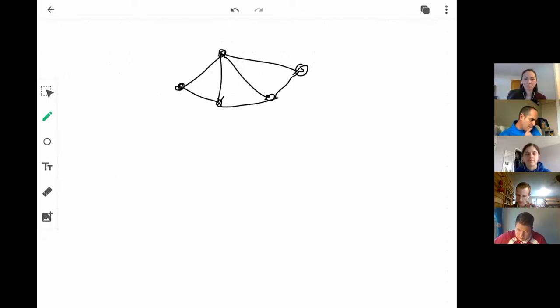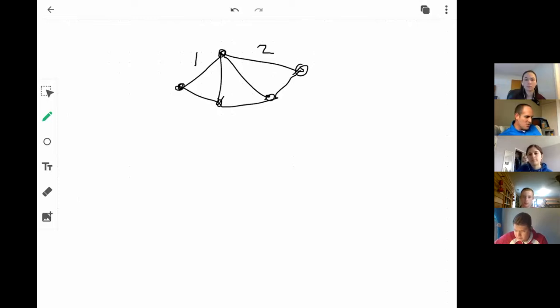And so let's let this edge be edge number 1. Now what I'm going to try to do is take advantage of some symmetry. So this edge right here and this edge right here are symmetrically the same. Do you know what I'm saying? They literally play the same role in the graph.